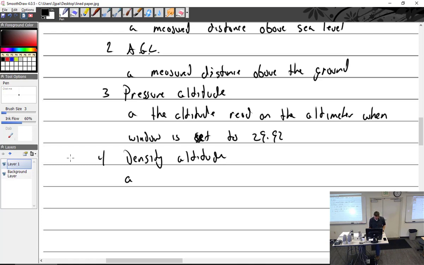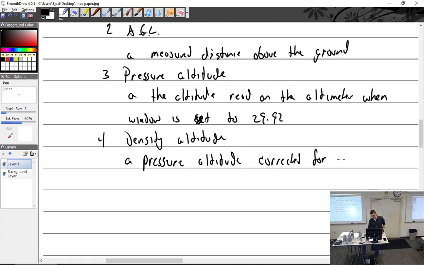Let me see. Let's say that's pressure altitude corrected for non-standard temp.